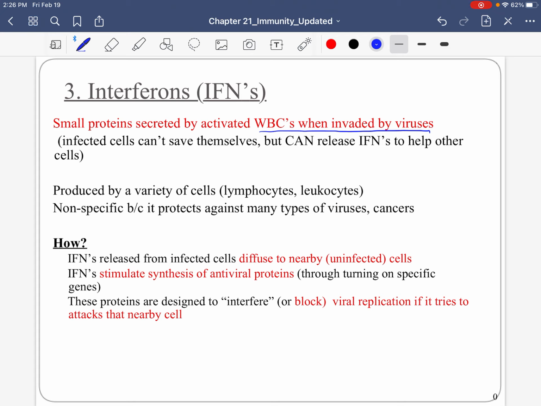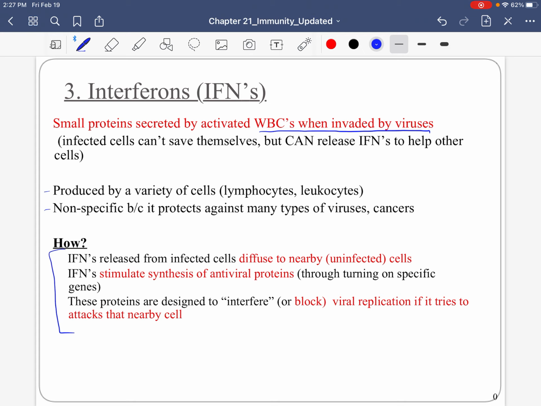Isn't that really cool? You can see some details here. Much like the NK cells, it's still considered nonspecific because it protects against white blood cells that have been invaded by many different types of viruses and cancers. But again, just be able to summarize. We don't have essay exams, so be able to pick from a choice what most closely resembles this mechanism of killing.